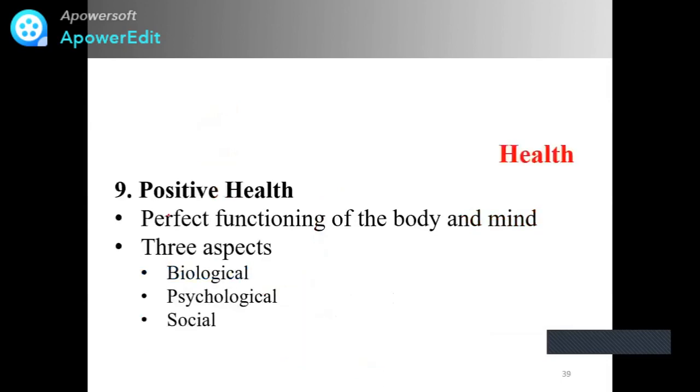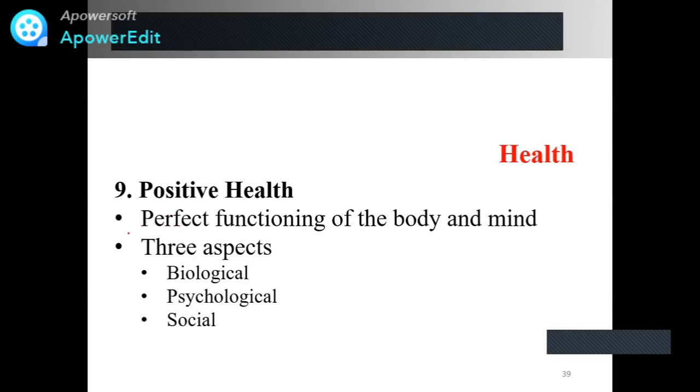So far we discussed five aspects of health relating to the human. In addition to the above five dimensions or determinants of health, there is another concept, that is positive health. Positive health is a state that implies the notion of perfect functioning of the body and mind.